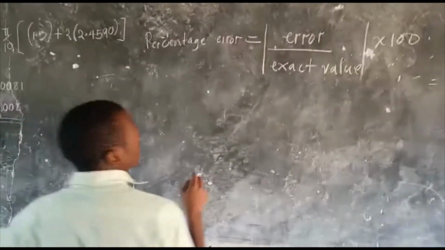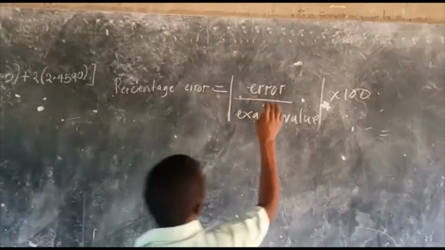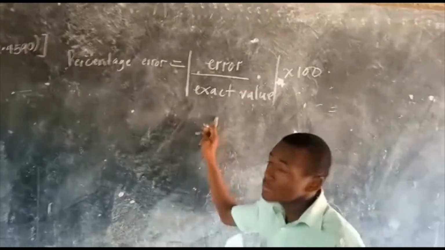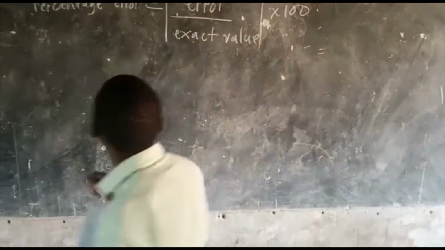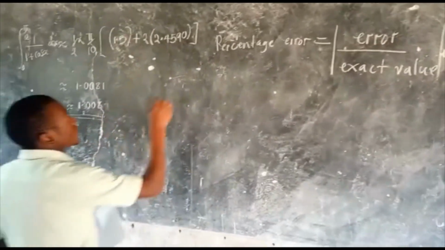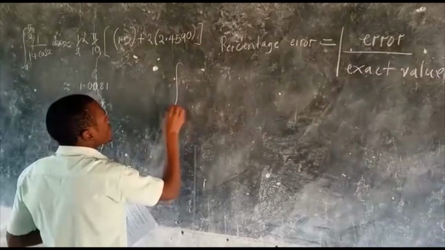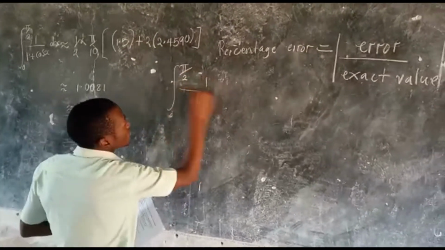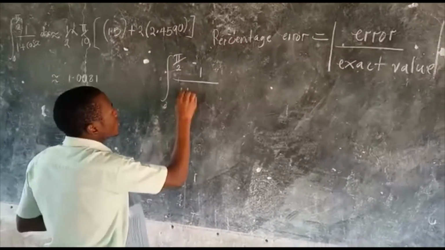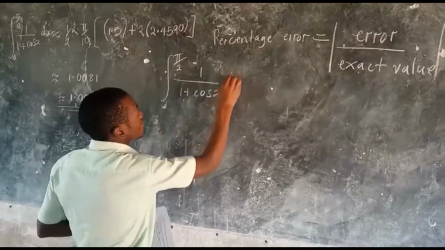Now, to get the error, we first get the exact value, and we subtract the approximated value. To get the exact value, we are going to integrate the function, which is the integral from 0 to pi over 2 of 1 divided by 1 plus cos x dx.